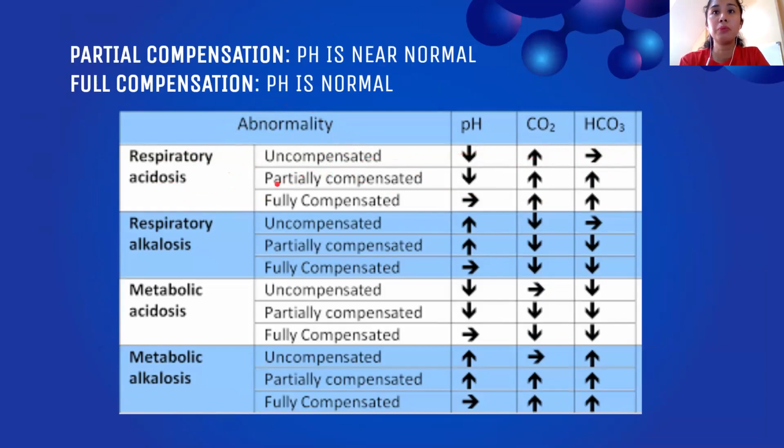Class, pag partially compensated na unti-unti nang tumataas yung bicarbonate, mababa pa rin yung pH. So, acidic pa rin yung pasyente natin. Pero pag fully compensated na, pH is normal na. So, it's between 7.35 to 7.45. Mataas yung carbon dioxide at saka yung bicarbonate.